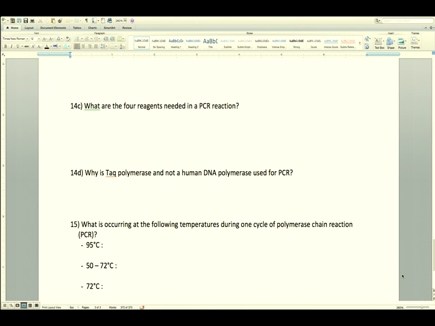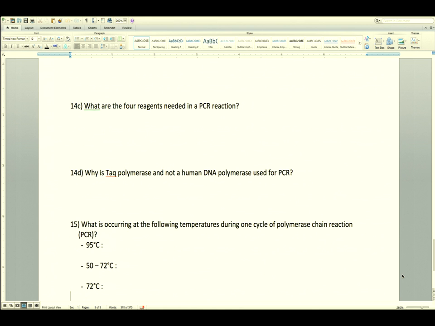All right, running through the process, what happens at 95 degrees Celsius for PCR? Can someone tell me? One person. What happens at 95 degrees Celsius? Yeah, DNA denatures. You separate out the two strands.